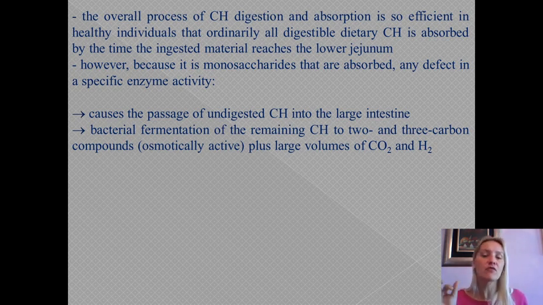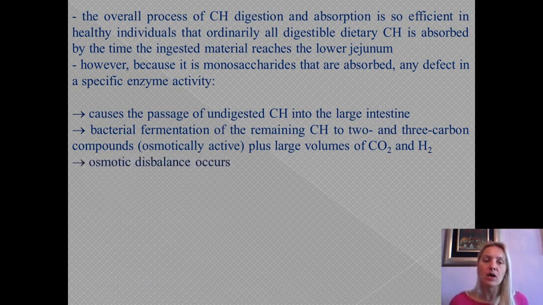Plus, you have the formation of large volumes of carbon dioxide and hydrogen in their gaseous forms. So the consequence of this is that osmotic imbalance occurs. So our body and our systems are going to react in a way to re-establish this balance. So how is that going to be achieved?